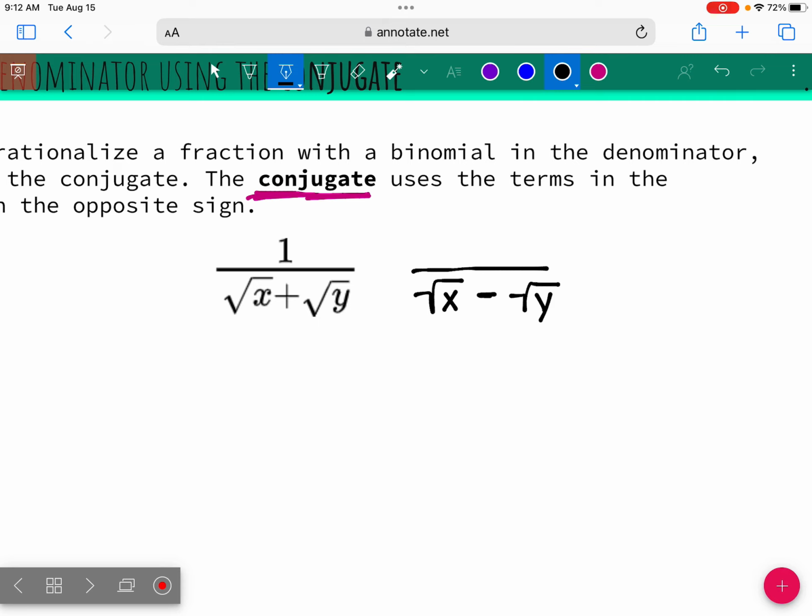Because if I multiply square root of x minus square root of y, remember we're multiplying by 1. It's just the weirdest looking one. So the conjugate is just when you flip the sign in the denominator. We're going to have to do both numerator and denominator because the book is extra.